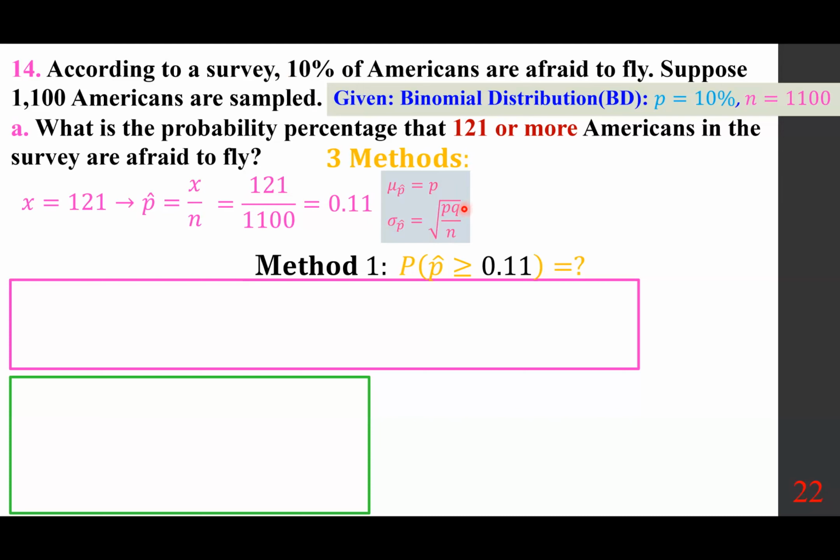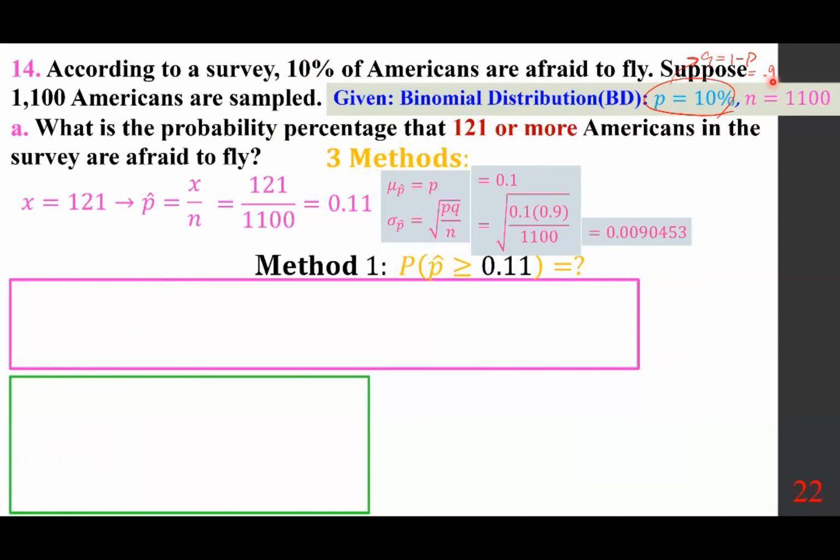Sigma of P hat is the square root of PQ over N. P is 0.1, Q is therefore 0.9, right, class? So P is 0.1, Q must be 0.9, 1 minus that. We calculate those, and this ends up being 0.00904553.